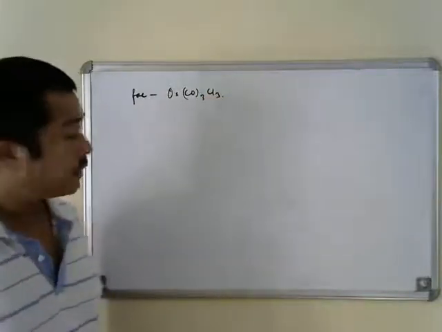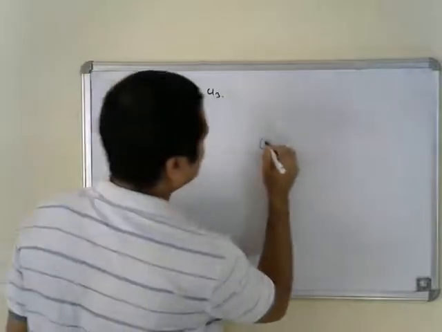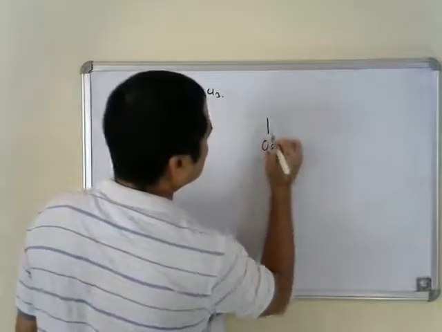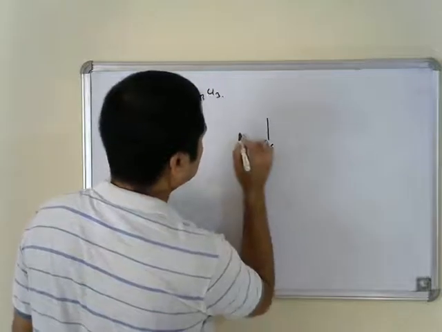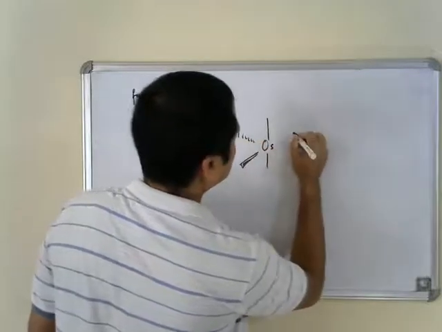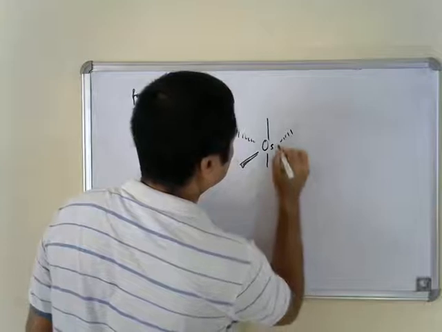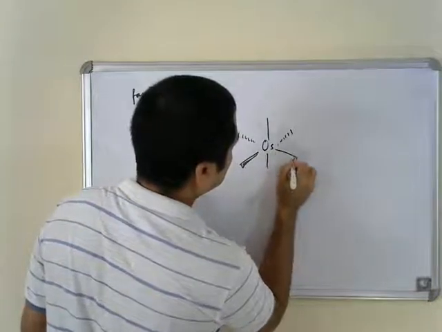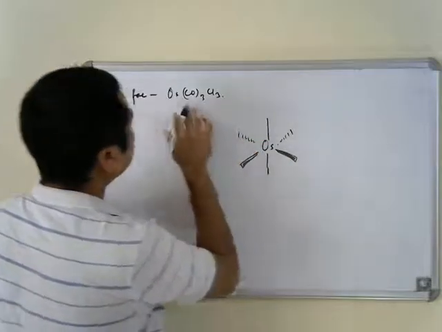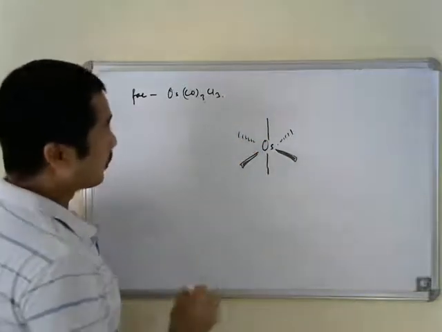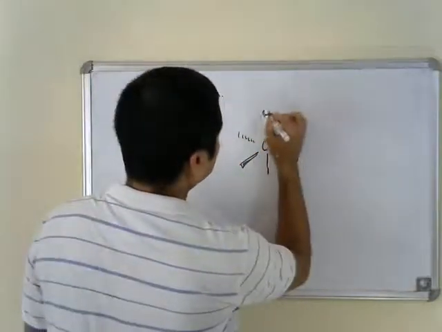So facial isomer it is. So we will take Os. So one type of ligand will occupy one triangular face, that is why it is called facial.